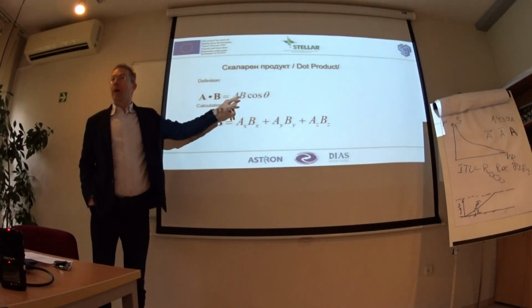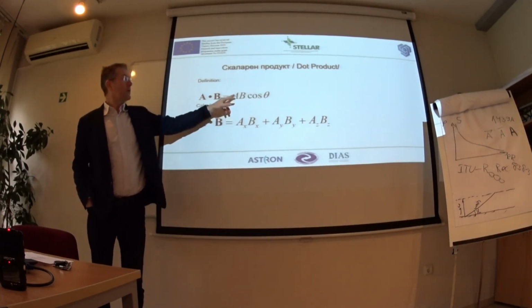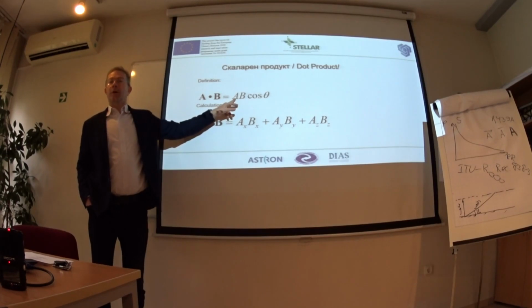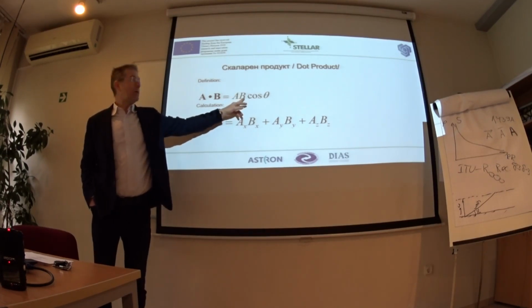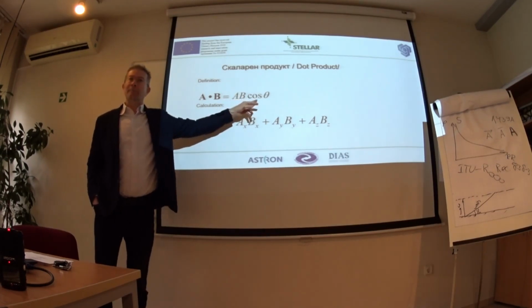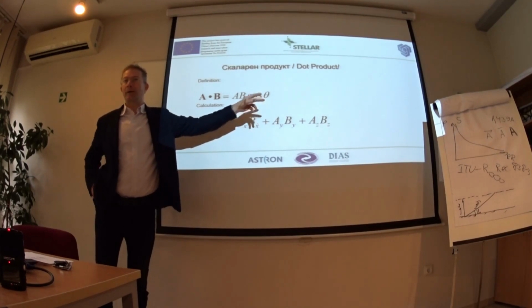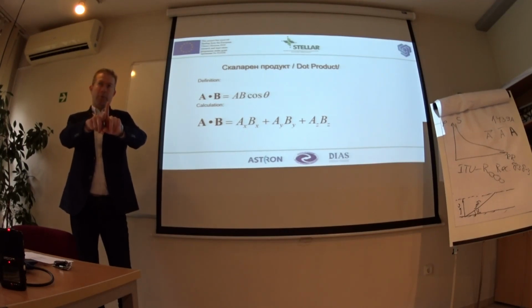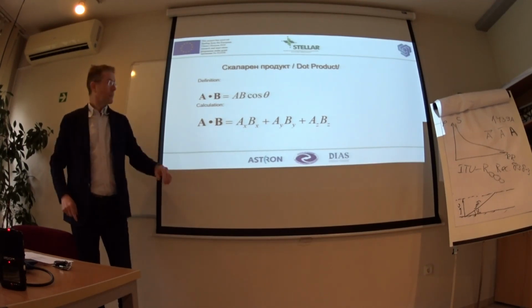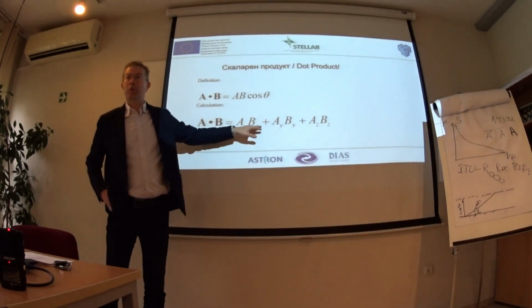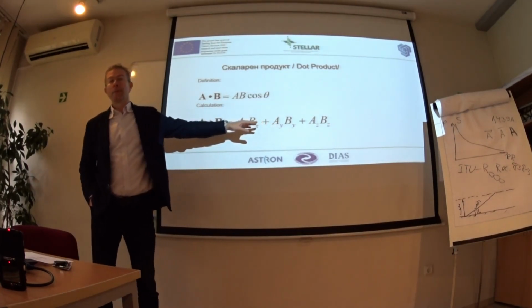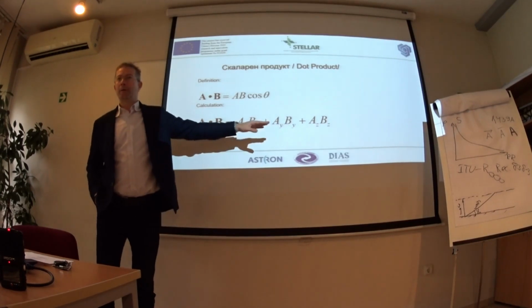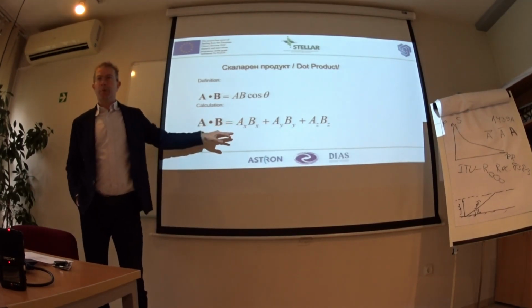And the math operation behind is the module of vector A times module of vector B times cosine of the angle between these 2 vectors. And if you have the coordinates of the vectors, in MATLAB you can really easily perform this operation.